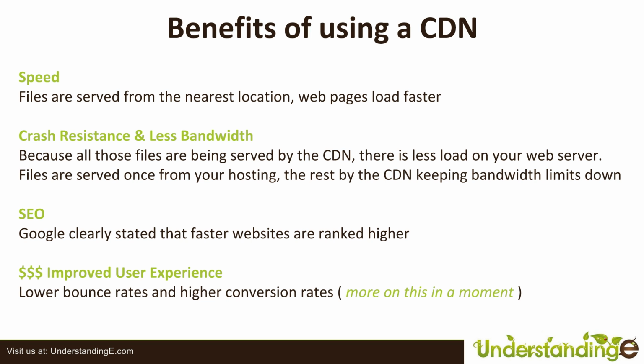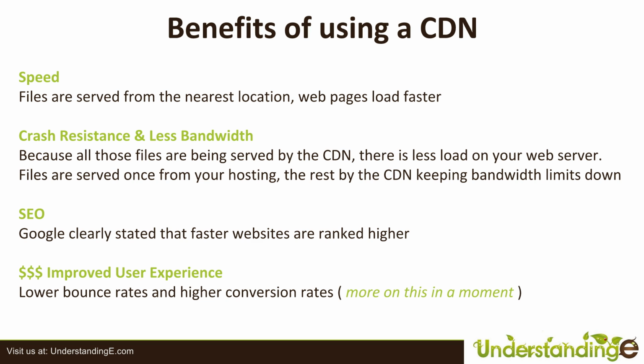That's right. So what actually happens in the background is, say that we've got an image of a mobile phone, for example, and instead of each of your customers going to that page and requesting that image and that coming from your own web hosting, what actually happens in the background is that the CDN will go to your website, download that image, and then distribute it across the globe.